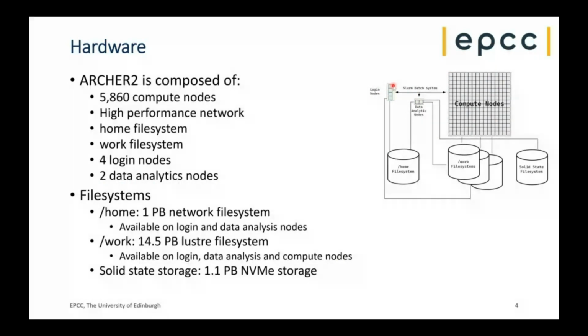I should back up slightly. When we give out compute nodes through the batch system, when you submit a job to the batch system, the minimum unit we give out is a single compute node. So that's 128 cores. That's what we call the minimum chargeable unit. If you ask for something, you'll get at minimum 128 cores.